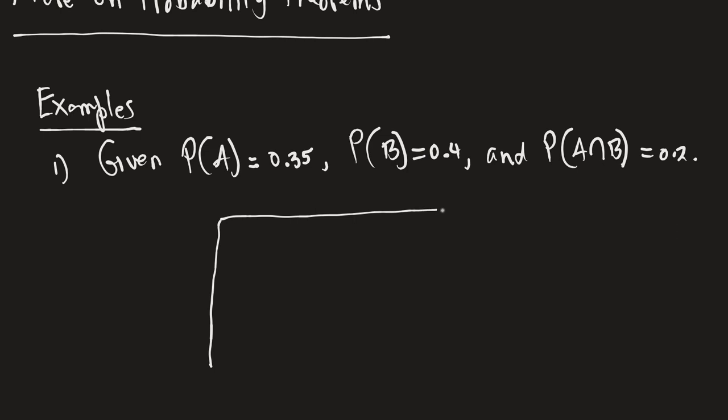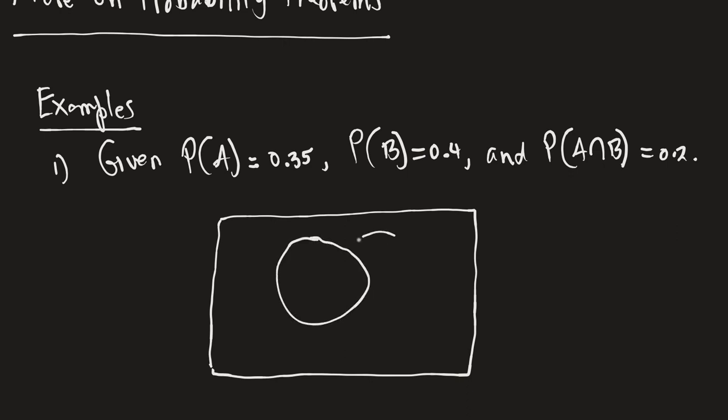We look at the information that's given, and we can see that we have information about two of these sets, two of these events. So we need the general two-set case for a Venn diagram, which looks like that.